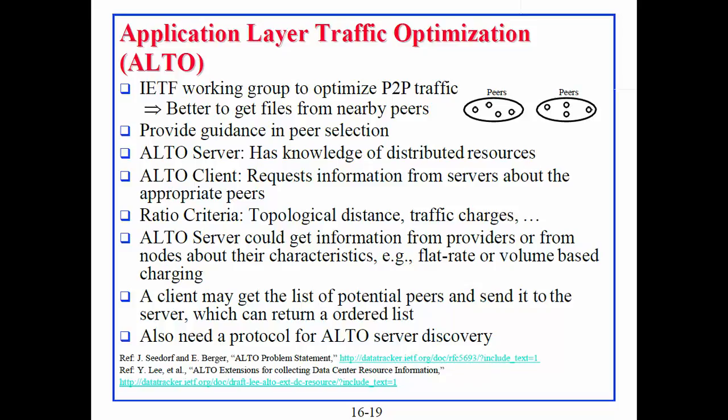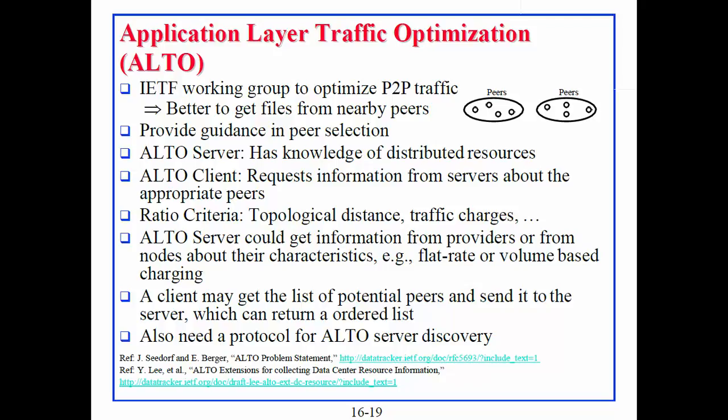The ALTO server also gets information from providers and from nodes about their characteristics. So, for example, it might get information about the different charging rates used by a particular provider.